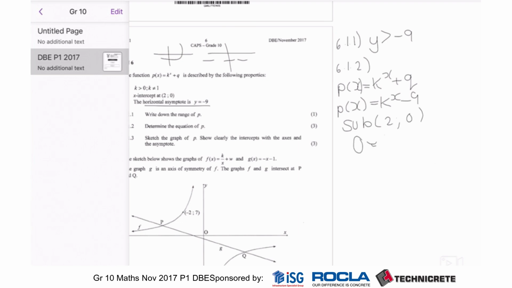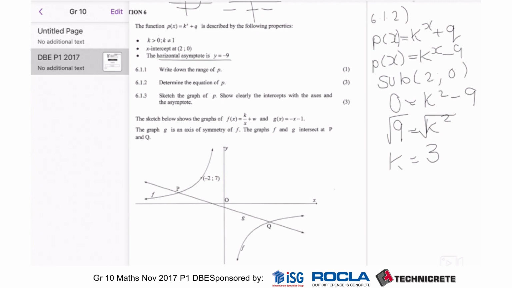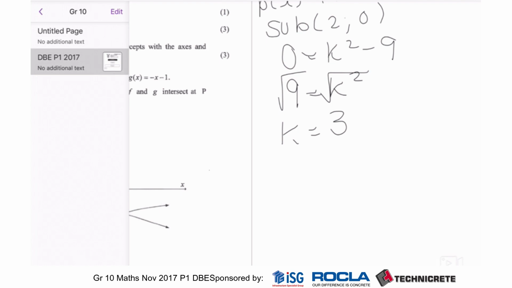So 0 is equal to k squared minus 9. 9 is equal to k squared. I'm going to root both sides. k is therefore equal to 3. And that makes sense because it tells me that the value of k must be greater than 0. So my equation is therefore p of x is equal to 3 to the power x minus 9.